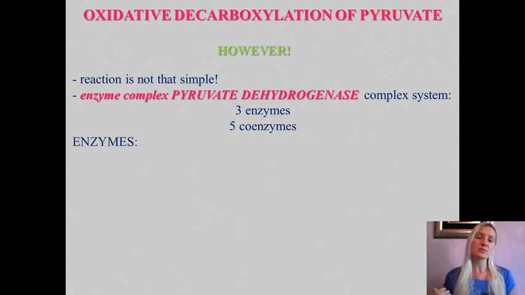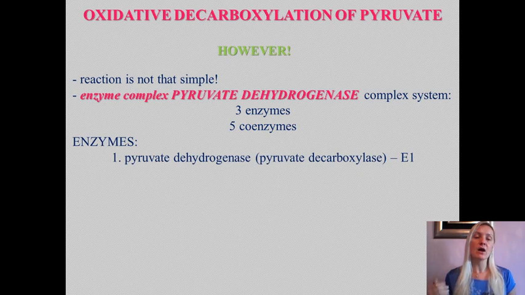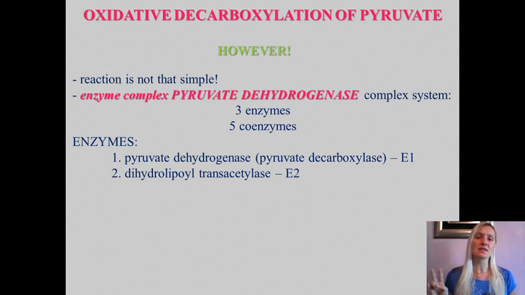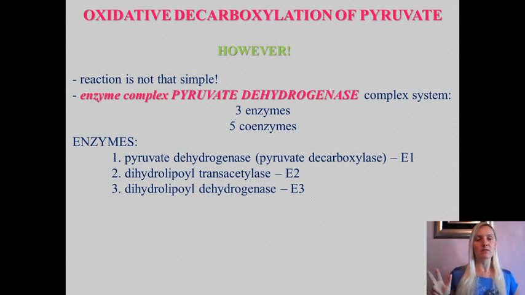So enzymes which are involved in this pathway are pyruvate dehydrogenase, or I prefer the name pyruvate decarboxylase, in order just not to mix up the name of this first enzyme with the name of the total complex. So let's name it E1. The second enzyme is dihydrolipoyl transacetylase, or E2, and the third enzyme is dihydrolipoyl dehydrogenase, or E3.